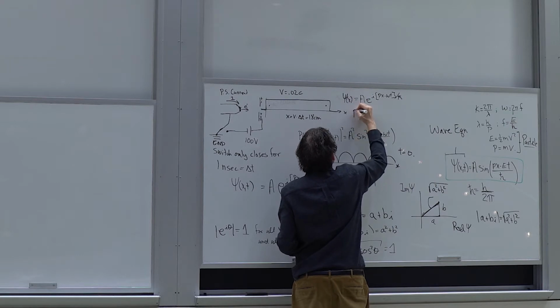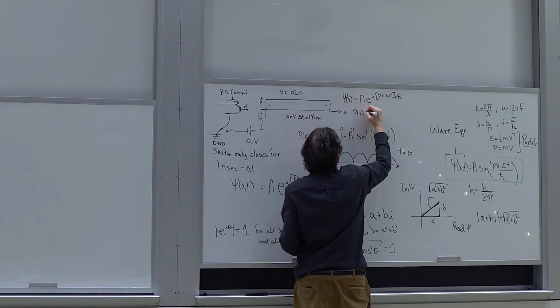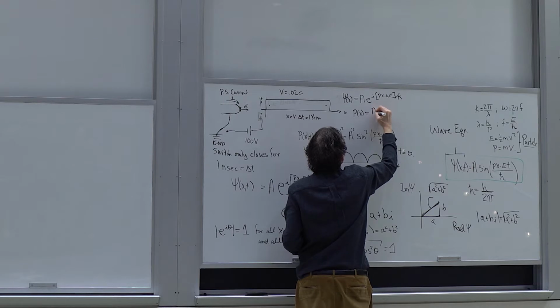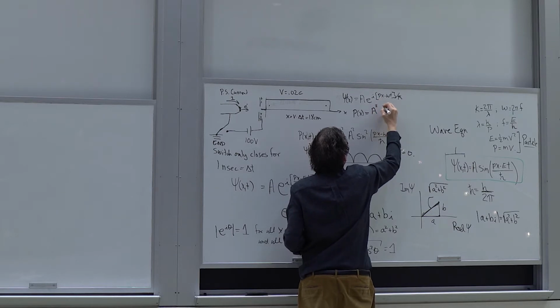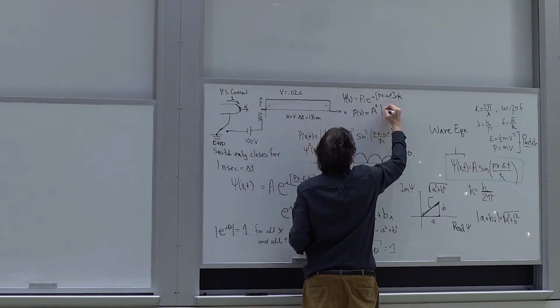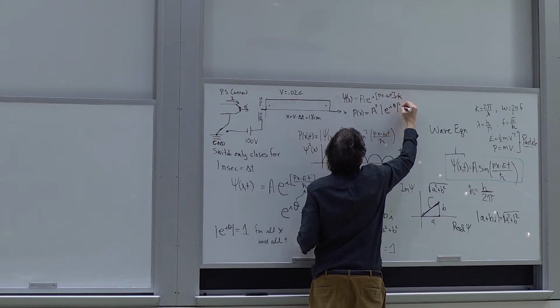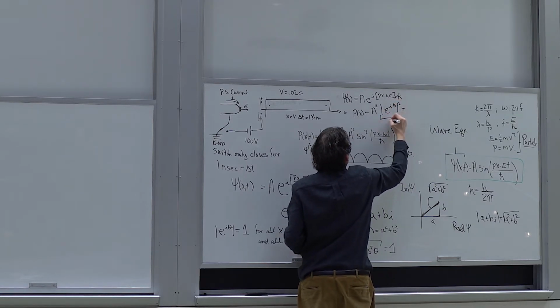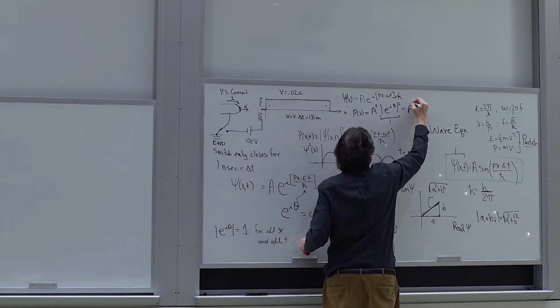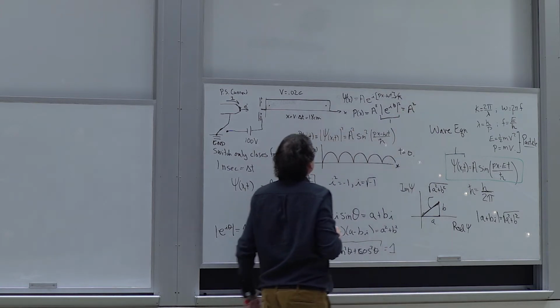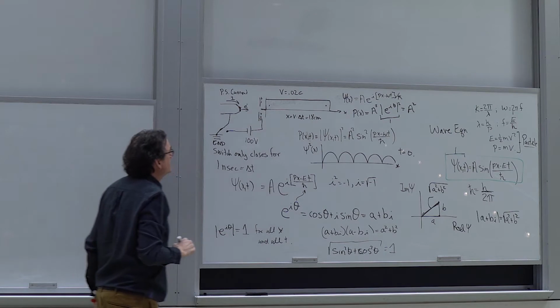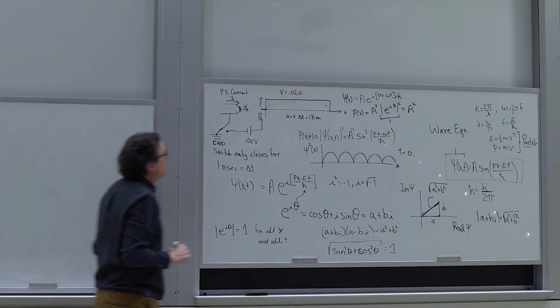The probability p of x is going to be equal to the square of this, a squared. And now I take the amplitude squared of the exponential, and this is equal to 1. So this is simply a squared.